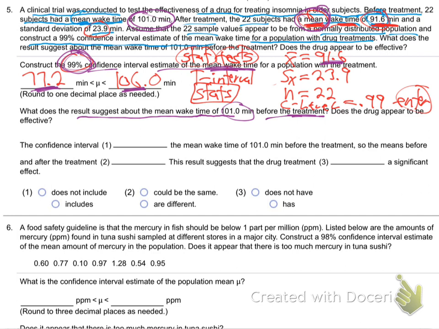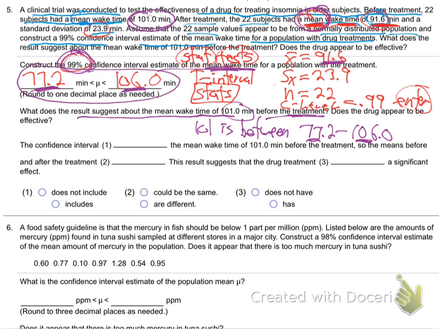No. Because the 101 minutes, that's in our interval. 101 is between 77.2 and 106.0, right? 101 is between 77 and 106. And we're 99% confident that the drug will give you a mean wake time between 77 and 106 minutes.